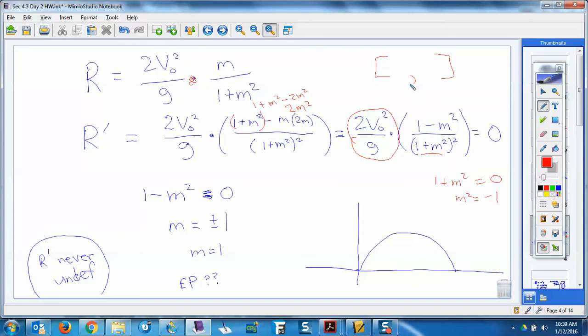What's my x in this problem? The input. What's my input here? M. Let me say it again. When you're looking for endpoints, you said x earlier, but there is no x here. It's the input: what's the smallest my input can be and what's the biggest my input can be. And my input here is m.